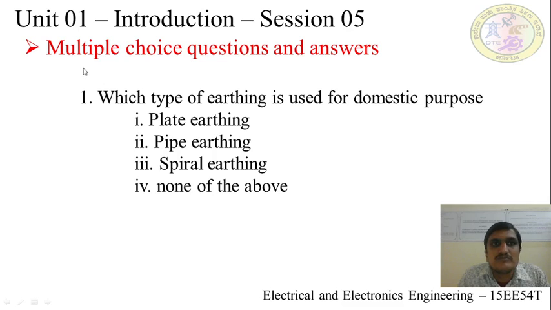Here are some multiple choice questions and answers based on what we have discussed in the earthing in the above session. First question, which type of earthing is used for domestic purpose? First option, plate earthing. Second, pipe earthing. Third, spiral earthing. Fourth, none of the above.